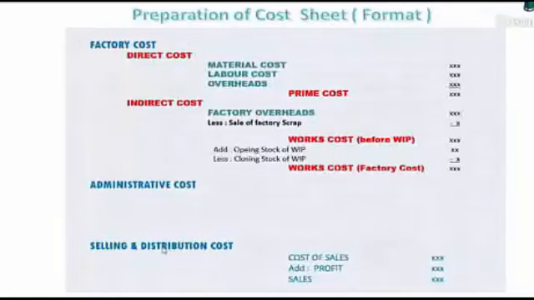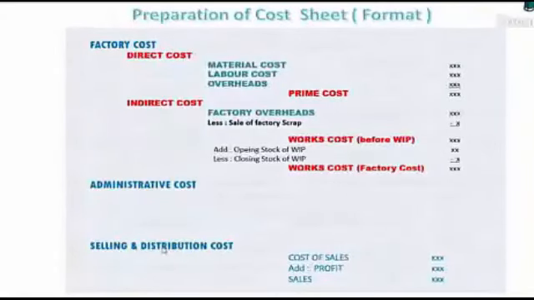Now, if you make an adjustment of opening stock of work in progress, less closing stock of work in progress, then ultimately we have come to the works cost. Another word here is works cost. This is also called a factory cost. So when you are learning cost accounting, you have to use the technical words related to cost accounting.